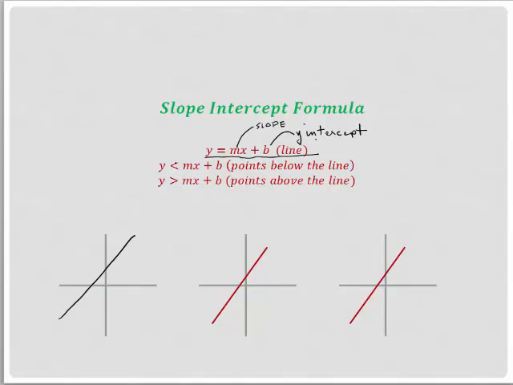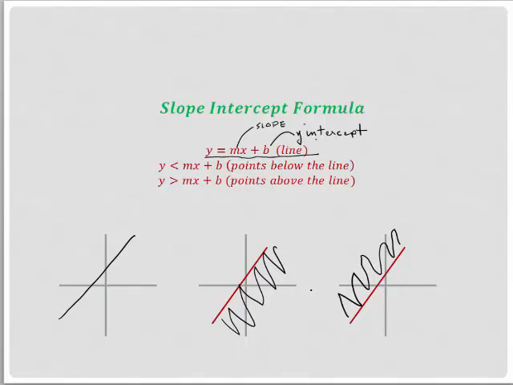When y is less than mx plus b, it's all these points underneath the line. When it's greater than mx plus b, it's all these points above the line. And you won't need to remember this. We're going to test a point or two to decide whether it's below the line or above the line.